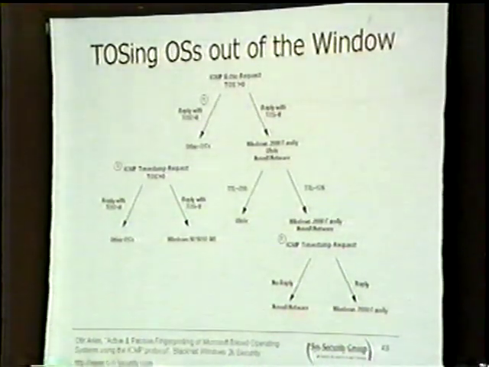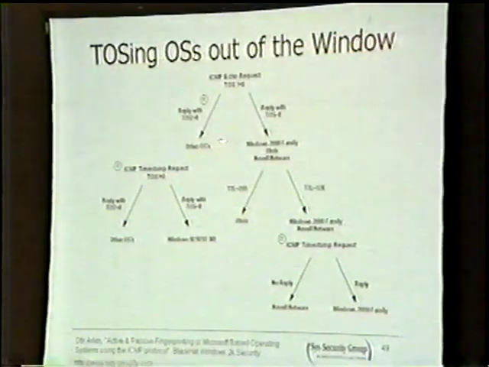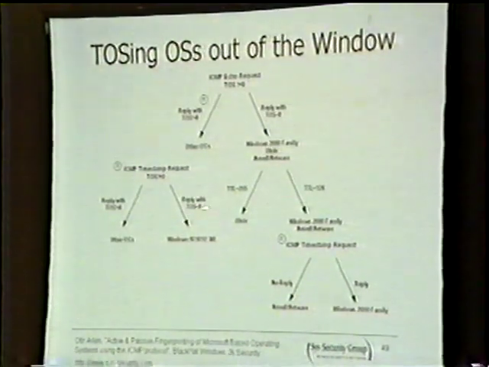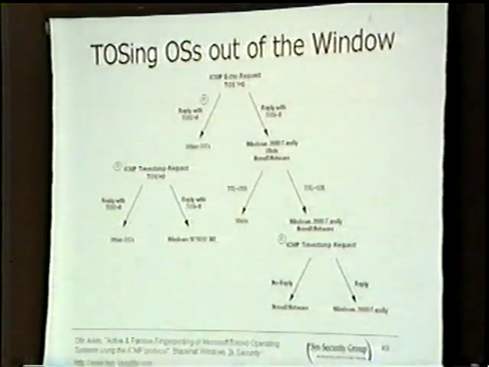Novell also answers ICMP echo request, and that's it. With the other group of IPs we have, we can send an ICMP timestamp request, again with a value different than 0, and guess what? 98, 98SE, and ME will reply with type of service 0. We can then send another ICMP address mask request and map between the 98 and the ME boxes.